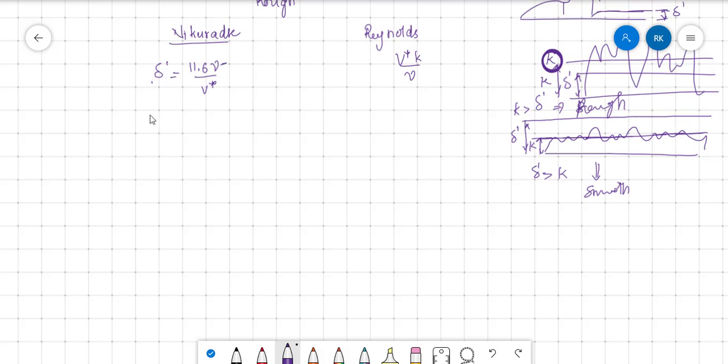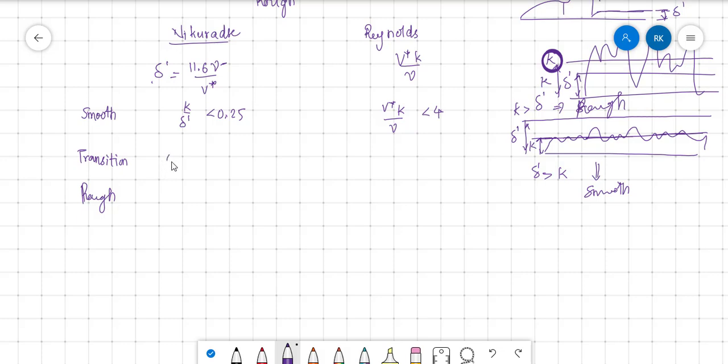Now, how do we differentiate smooth pipe, transition and rough? If K by delta dash is less than 0.25, that is considered as smooth pipe in case of Nikuradse. And Reynolds gave V star into K by nu, if this is less than 4, that is considered as smooth pipe.